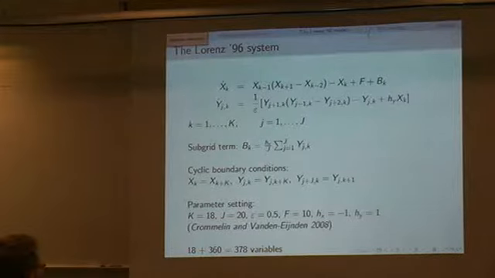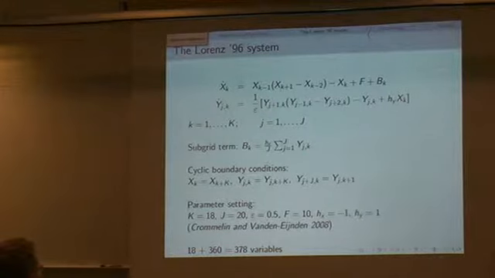Yeah, these are the equations. So we have advection among the large scales. Then we have a dissipation term. We have a forcing term. And then this B term is a subgrid term. That's the influence of the y variables onto the x variables. That's basically an average over the fast variables with some coupling constant.